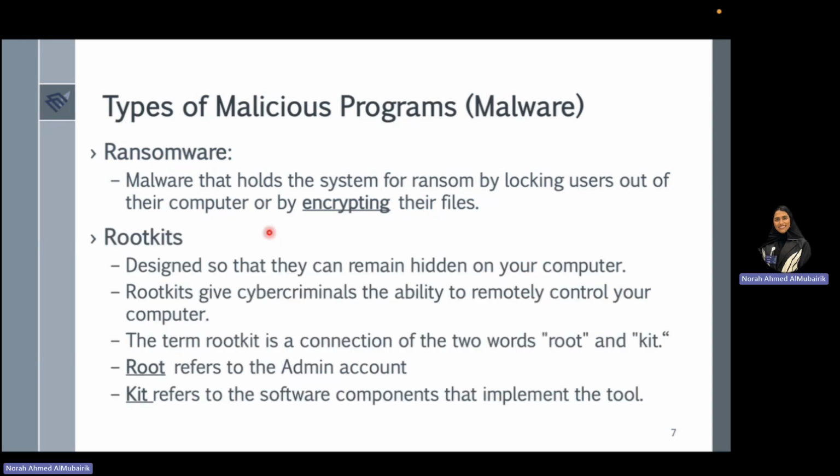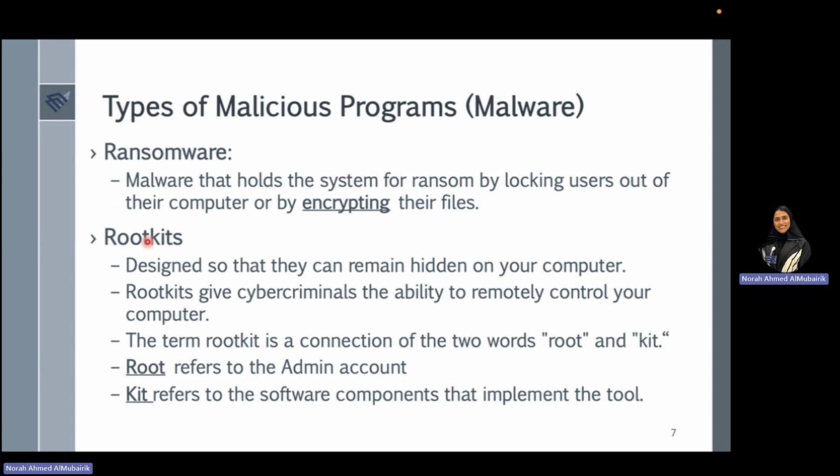Also, we have rootkit. What is rootkit? Rootkit is actually clear from the name. Root means the root privilege, the admin privilege, the admin account. Kit means multiple software that implement this rootkit. The advantage of a rootkit is that it usually hides itself.